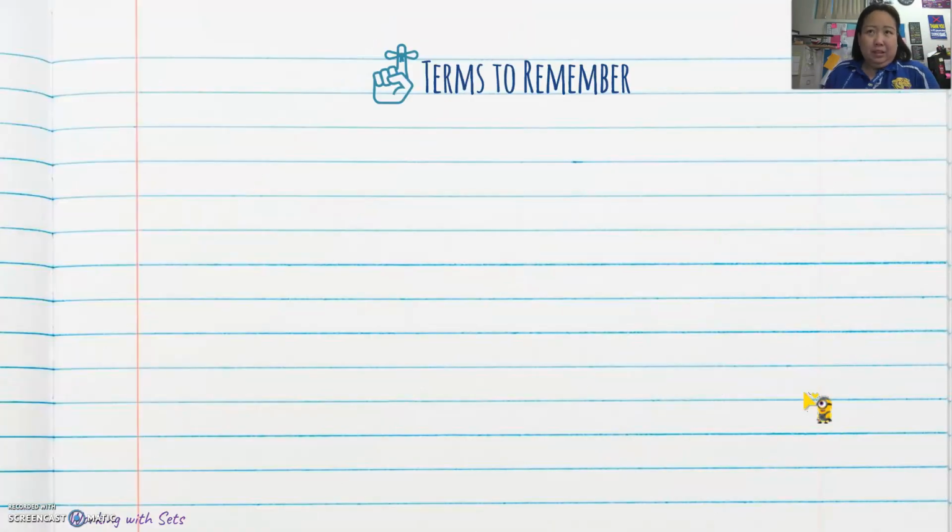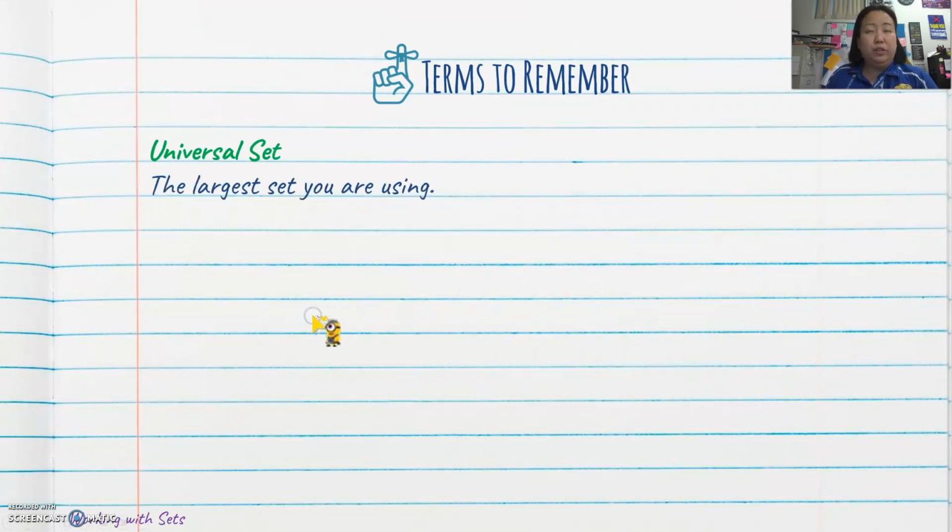Okay. So some more things. We also have what we call the universal set. You will always hear the term universal set because it's the largest set that we are talking about. If we say the universal set is the whole of the real numbers, that's the biggest set that we have.